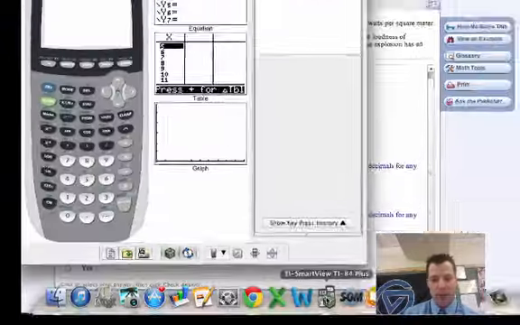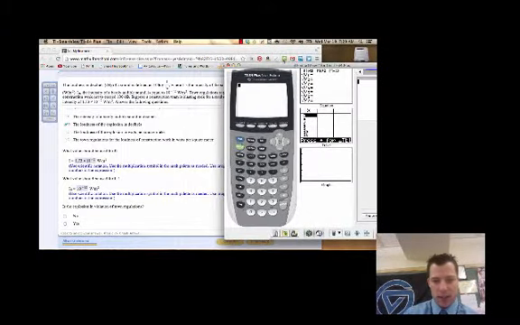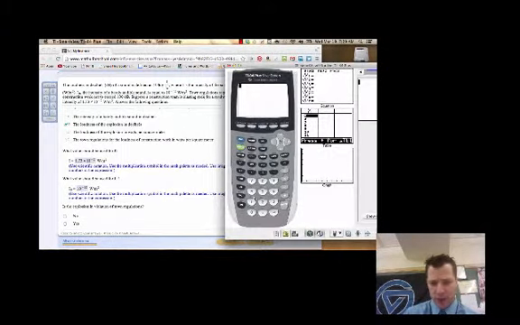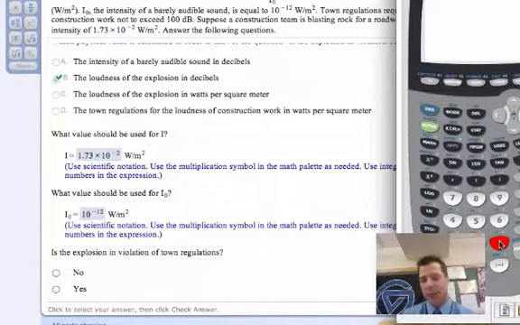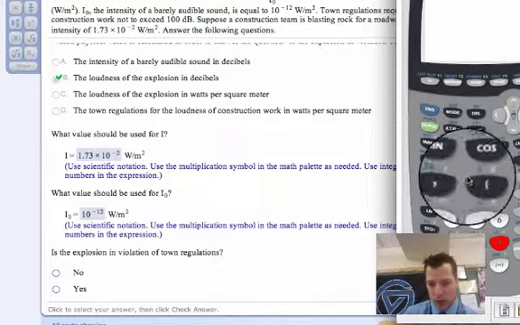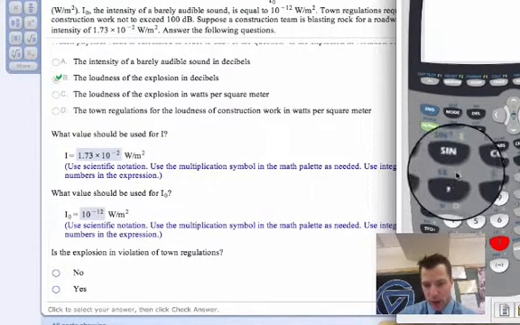So if I look at my graphing calculator here, I'll slide over, and I'm going to go ahead and type in my function: 10 times log, and I'll put an extra set of parentheses there because I want my numerator to be 1.73, that's I. To get times 10 to the negative 2, you just do double E, which is right here.